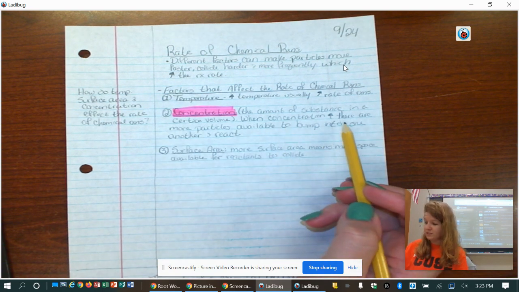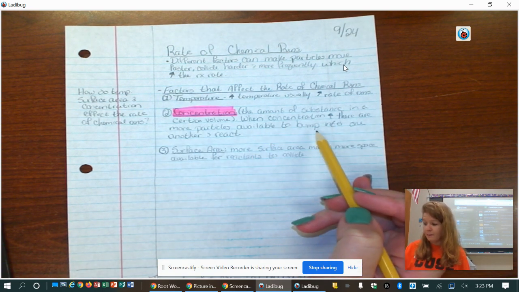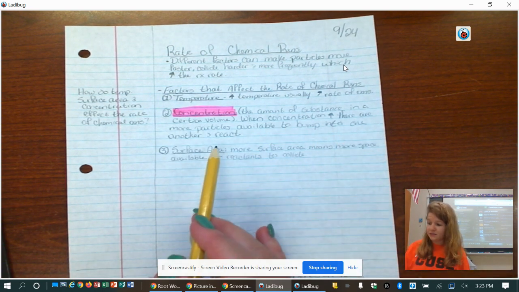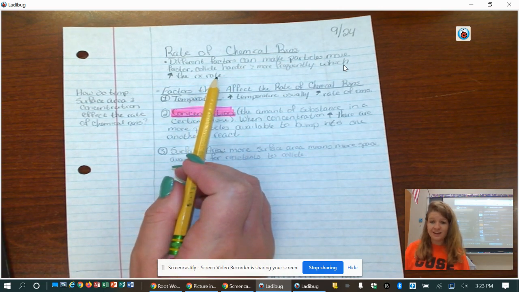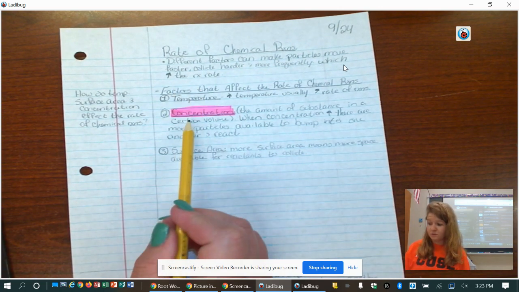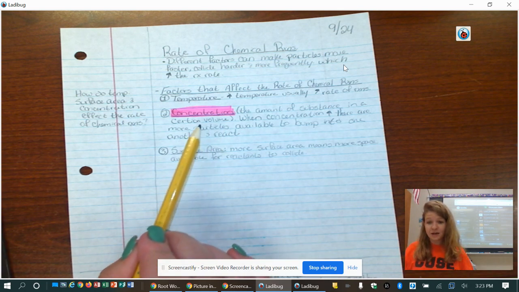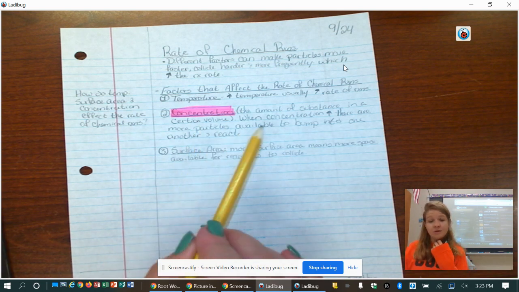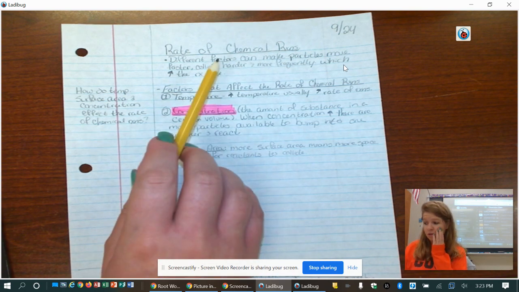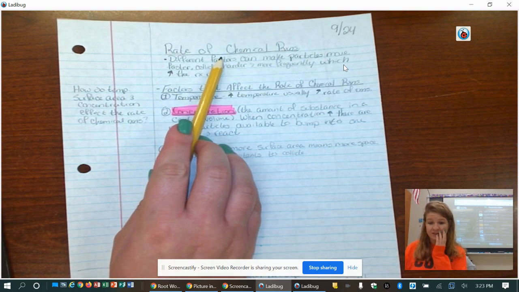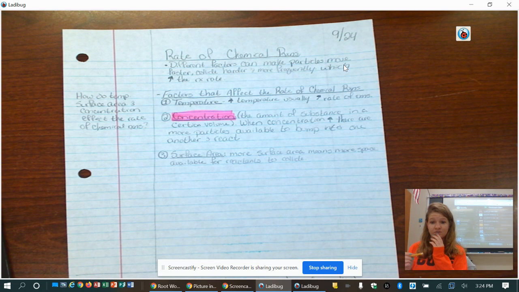So when concentration is high, there are more particles available to bump into one another and react. I know that they're bumping into each other, that increases the rate of a reaction. So if there's more of them, that's going to make it increase. So again, I defined what it was, but then I also said how it changes the rate of chemical reactions, because that's what we're talking about in general.